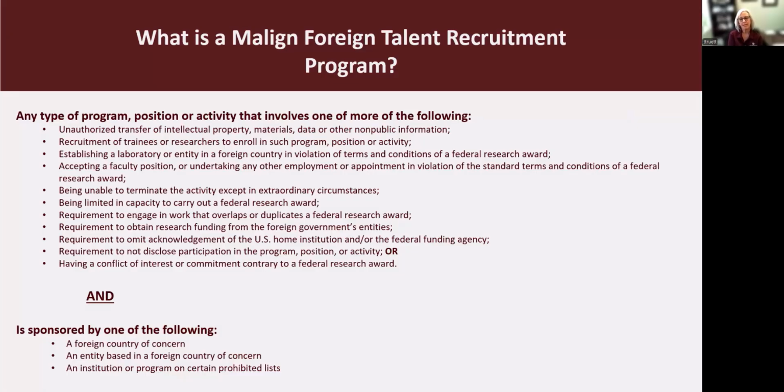And so if someone has an agreement with some outside entity that says you can't ever get out of this contract, or you have to recruit people, or you have to omit acknowledgement of your US home institution when you do your publications, those kinds of things, it makes it malign. And then it also has to be from a country of concern or an entity that's based in a country of concern.